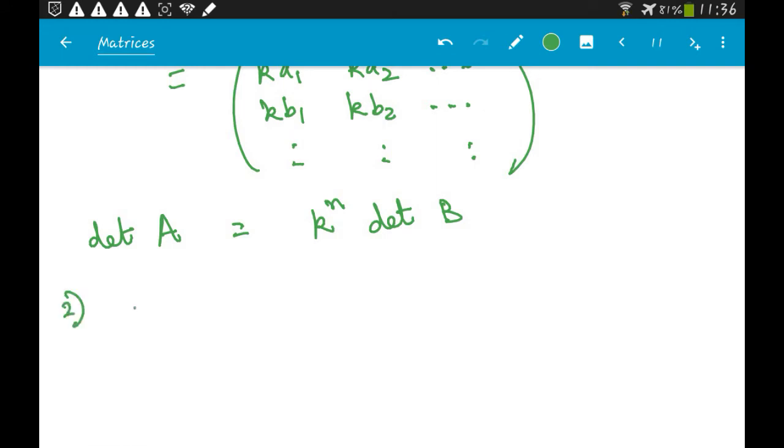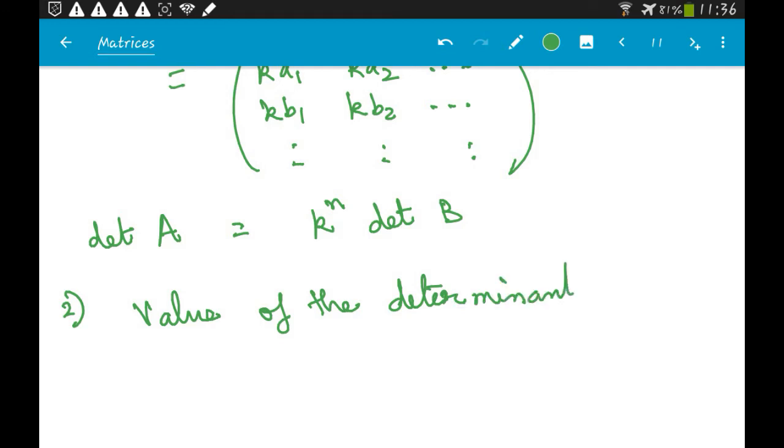Then second, the value of the determinant is 0 if any row or any column is 0.